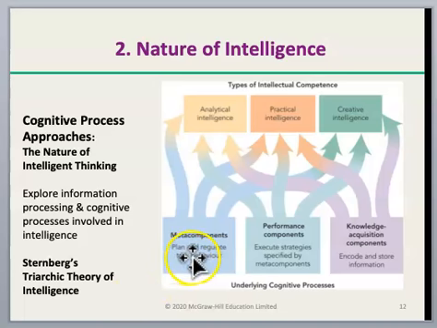So you've got the meta components, the performance components, and the knowledge acquisition components, and we look more deeply at those in the next slide. And then those connect to the types of intellectual competence, which are separate competencies, as we'll talk about: analytical intelligence, practical intelligence, and creative intelligence.